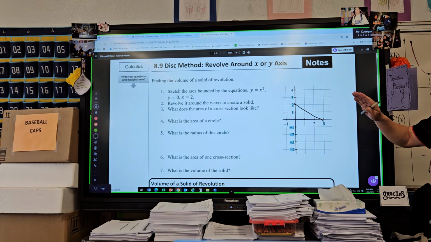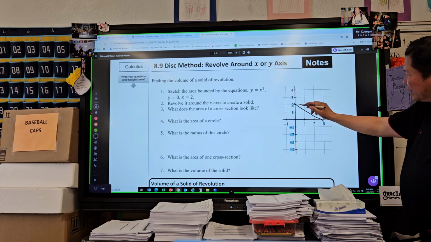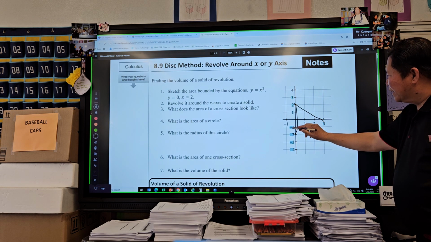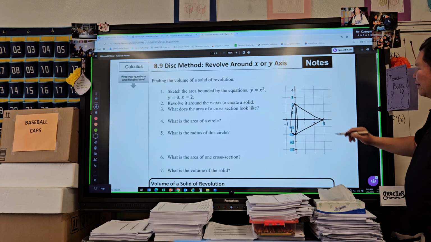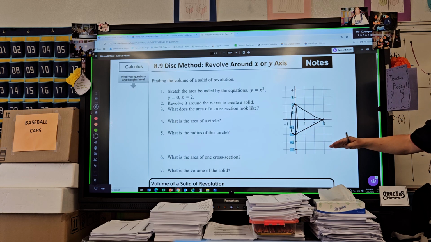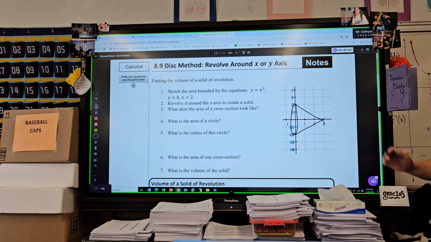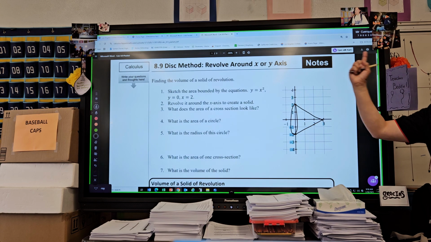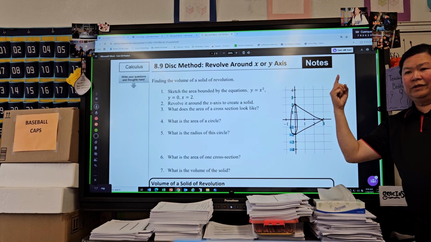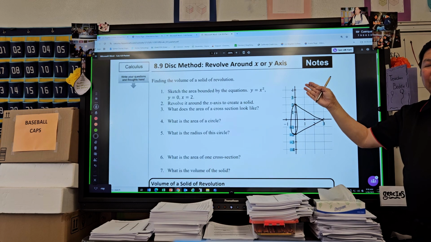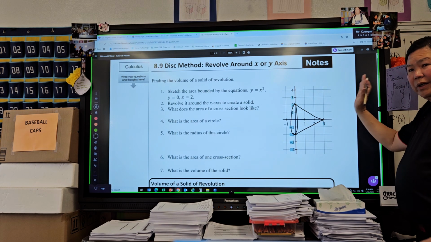A triangle. This creates a circle like this, right? If we revolve along the x-axis, how about along the y-axis? It's gonna be right here, right? So that's the concept for this lesson.